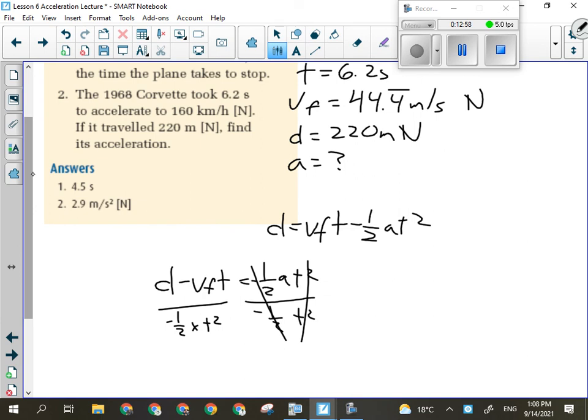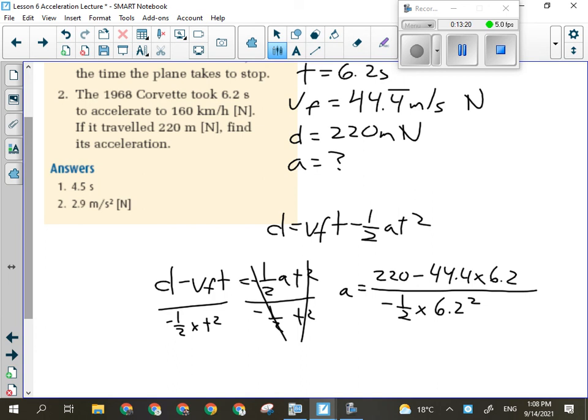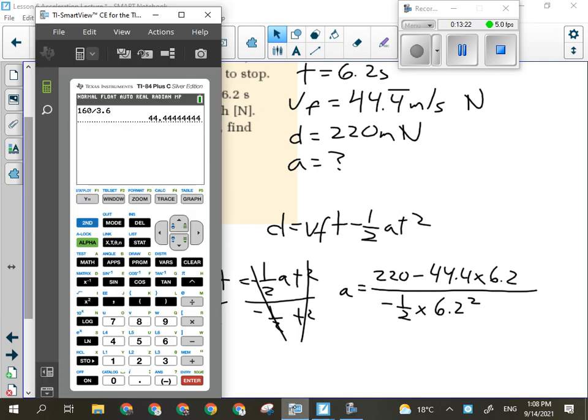So A will equal 220 minus 44.4 times 6.2, divided by negative 1/2 times 6.2 squared.